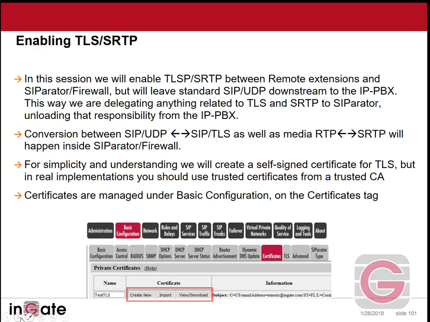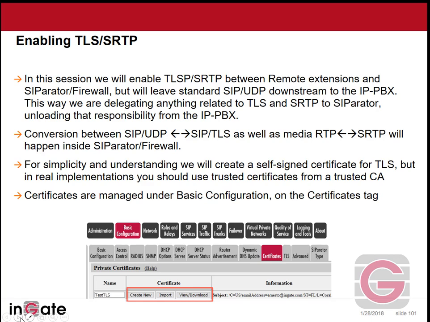All the conversion between SIP UDP and SIP TLS, as well as the conversion of the media encryption to unencrypted media, RTP to SRTP, will happen inside the separator firewall.